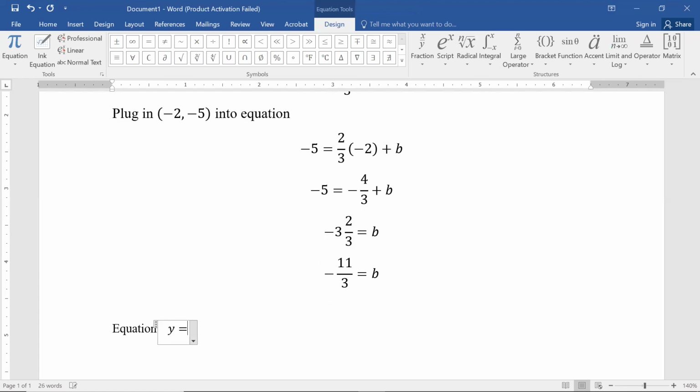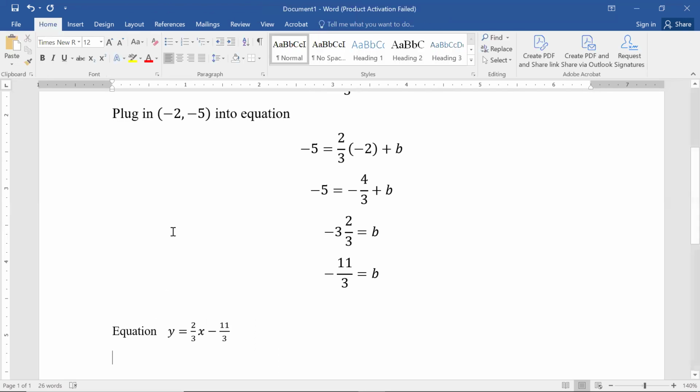So I'm going to write it as y equals 2/3 x minus 11/3. Again, that's not the only way to write it though.